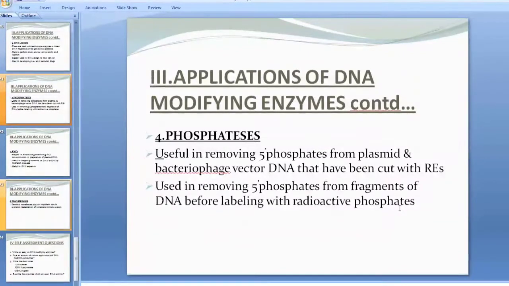Phosphatases are useful in removing 5' phosphates from plasmid and bacteriophage vector DNA that have been cut with the restriction enzymes. So they are also used in removing 5' phosphates from fragments of DNA before labeling with radioactive phosphates.